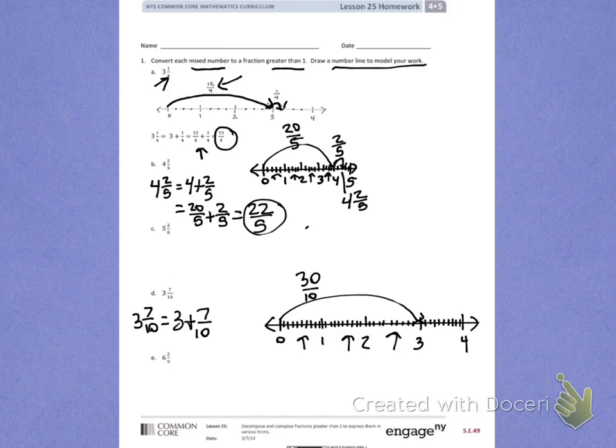And yet I still want 7 more, so let's go ahead and count that. 1, 2, 3, 4, 5, 6, 7. So I'm going to go to right here. So this is going to be plus my 7/10. So this is going to look like 30 tenths plus 7/10, and that's going to make 37 tenths as a fraction that's greater than 1.